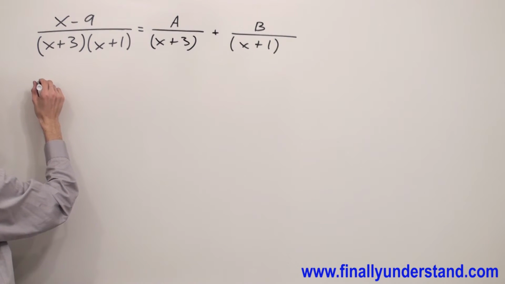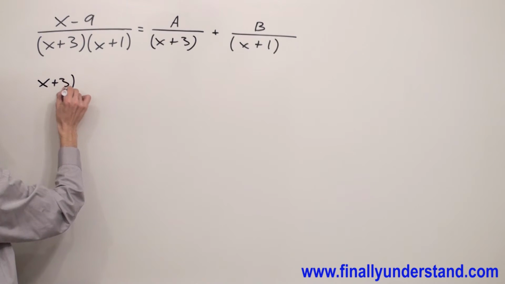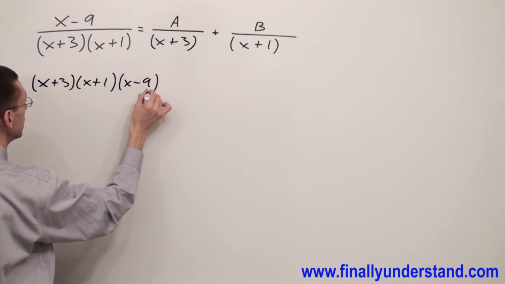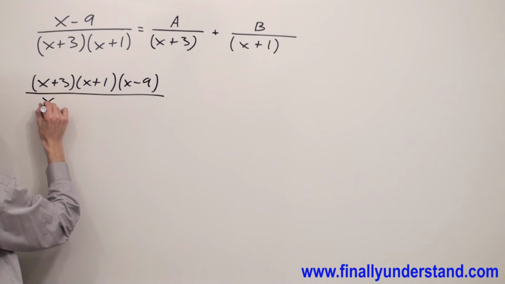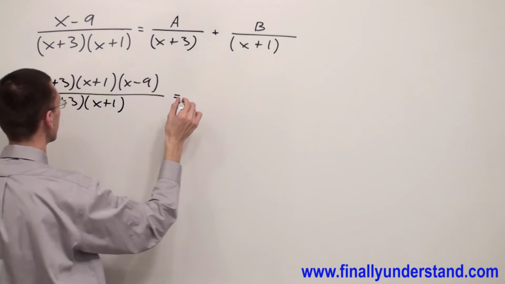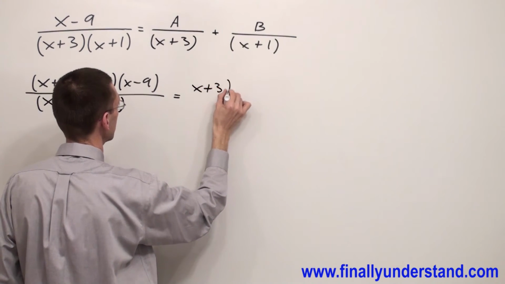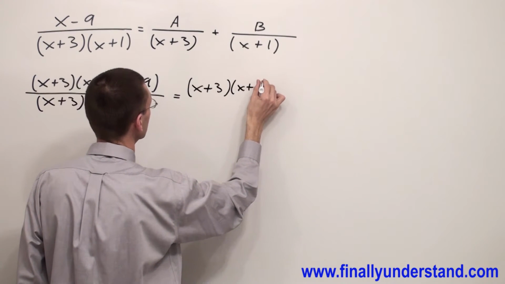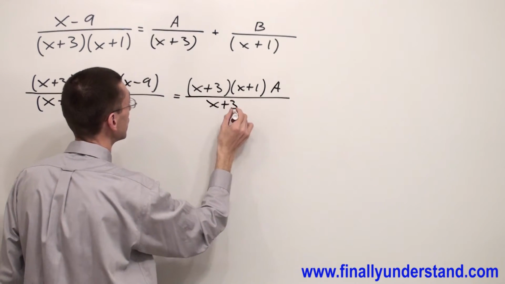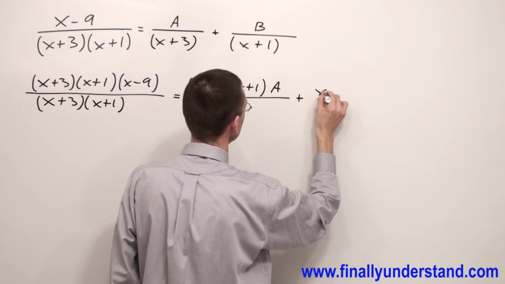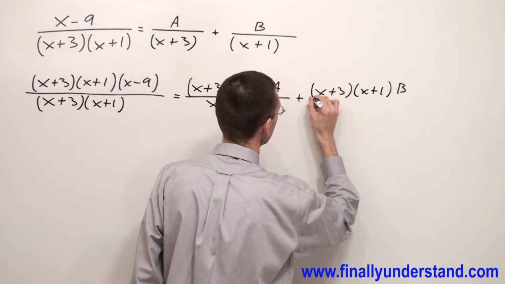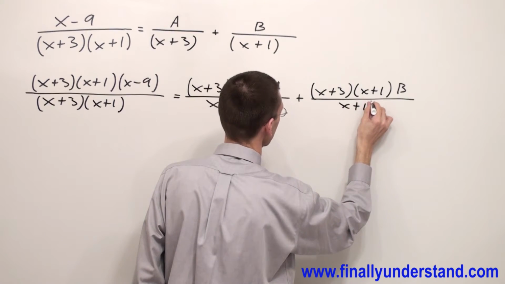So the left side, I have to multiply by the common denominator, x plus 3, x plus 1, times x minus 9 over x plus 3, x plus 1, equals x plus 3, x plus 1 times a over x plus 3, plus x plus 3, x plus 1 times b over x plus 1.